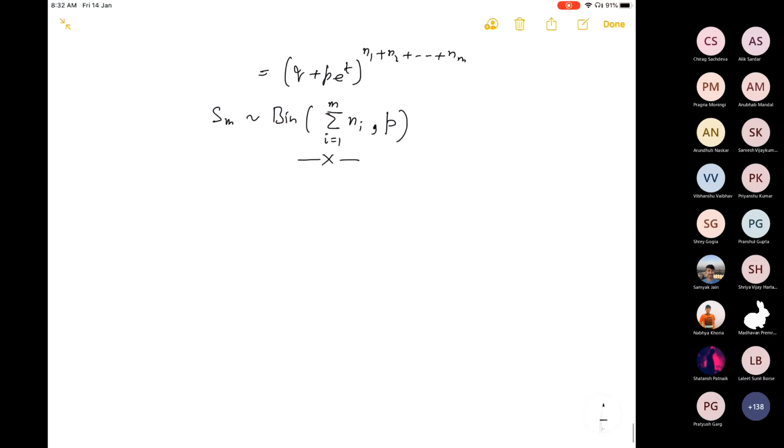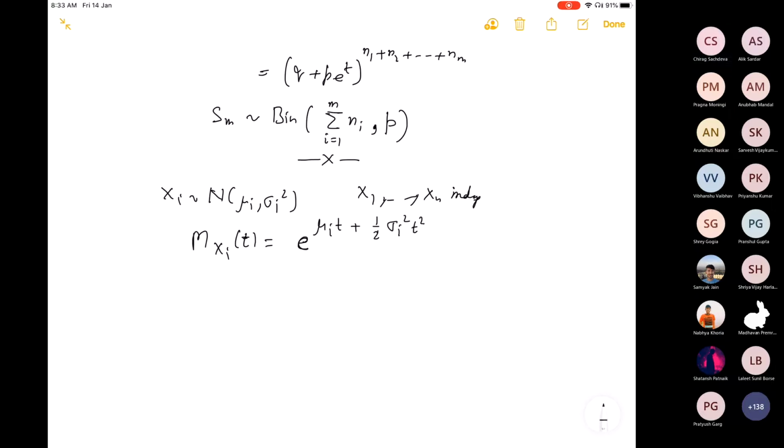Okay, so Xi is normal, mu i comma sigma i square, and X1, X2, ..., Xn are independent. Then what is the moment generating function of the normal distribution? Anyone remembers from the previous classes? This will be e raised to power mu t plus half sigma square t square.